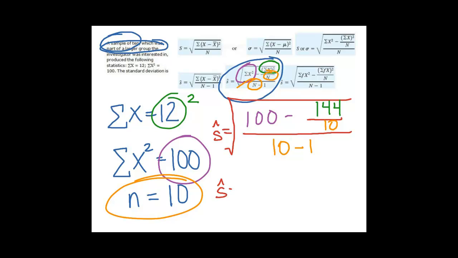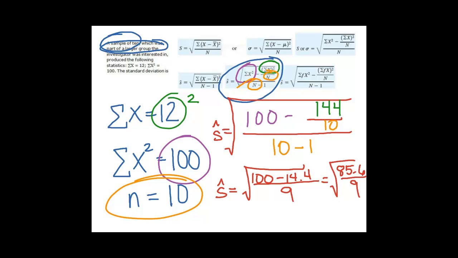So S hat equals, break this down a little bit more. 100 minus 14.4, because I just moved the decimal place when you divide by 10, all over 9. Now if you take 100 minus 14.4 in your radical, now you will have 85.6 divided by 9.